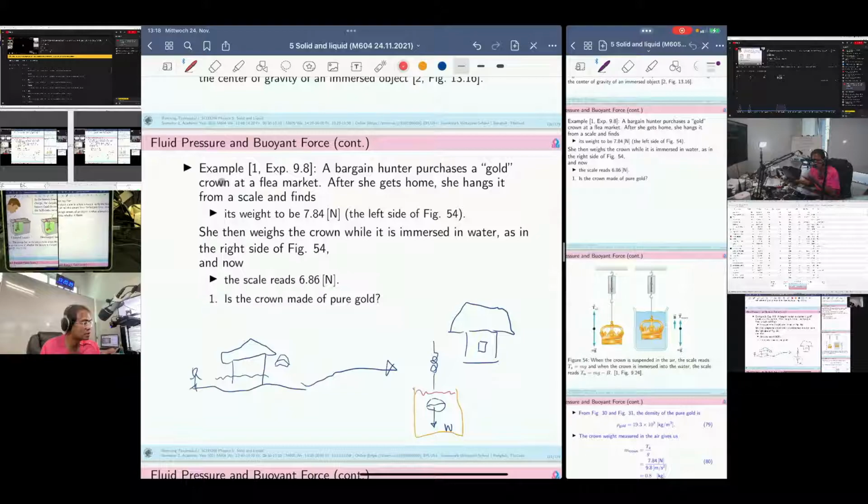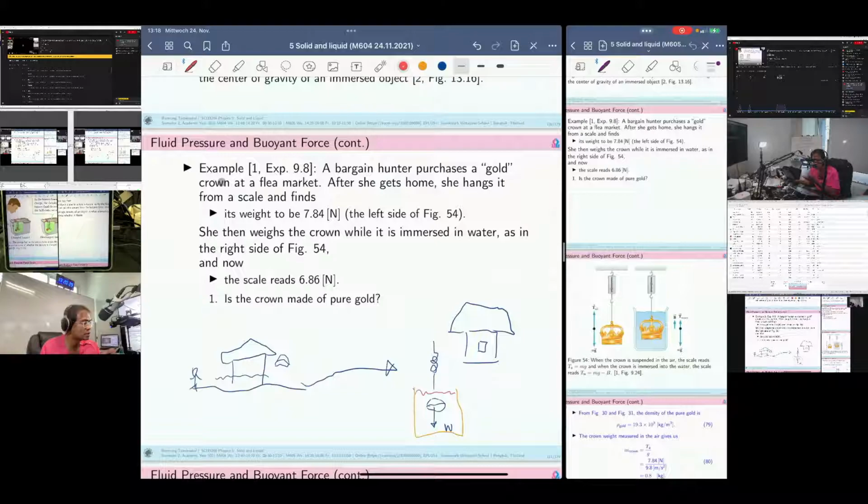She hangs this crown, which is supposed to be made of gold, and the spring scale gives her the value 7.84 Newton.